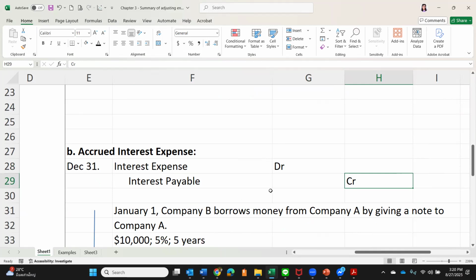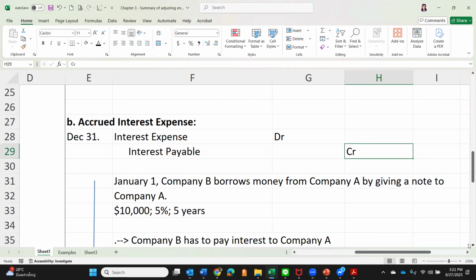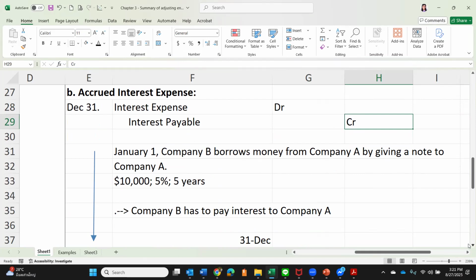So B borrowed $10,000 from A. Remember that company B has to pay interest to company A, right? Because it borrowed money from company A on a note.